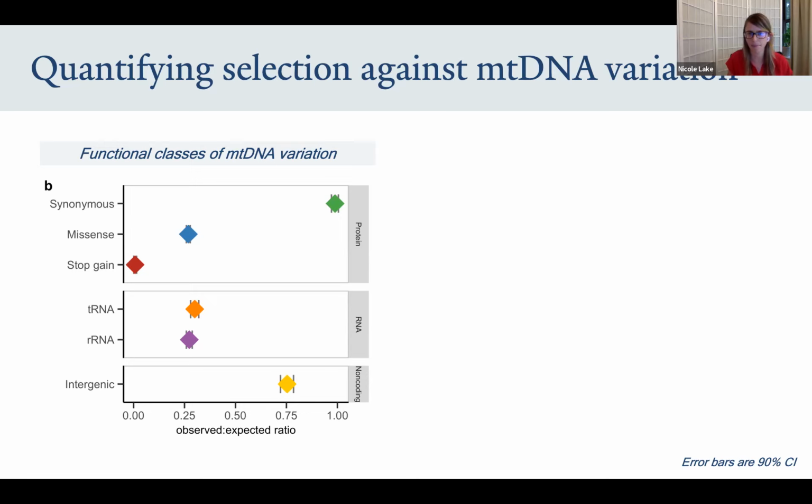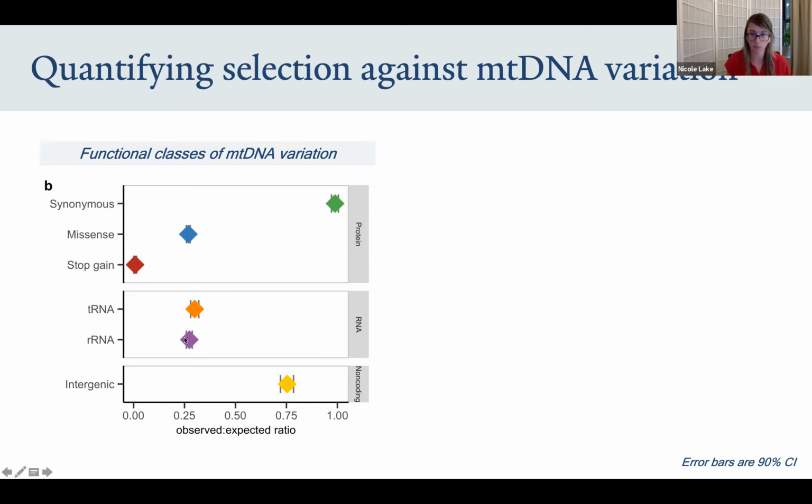And there's a couple of observations I want to point out from this. The first is that RNA variation appears to be subject to a similar level of selection as missense. And this is particularly interesting for the ribosomal RNA variants, which are typically overlooked in disease analyses, partly because there aren't any in silico tools for predicting whether they're likely to be deleterious or not.